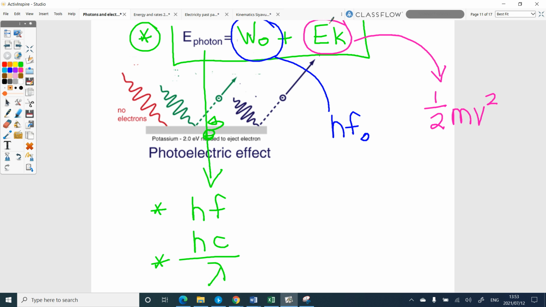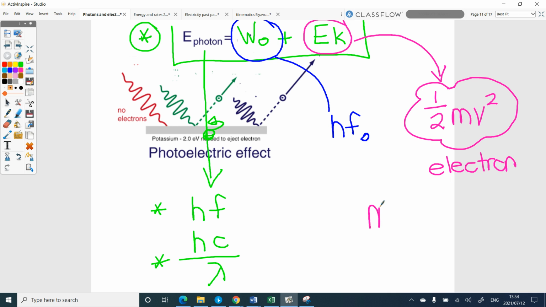No, if you want the kinetic energy, you're just going to use the same equation we've been using since grade 9, half mv squared. And the only thing that you need to remember is that this is for an electron. So they're not going to give you the mass of the electron. You need to go and find the mass of the electron, and it's on your information sheet. Please go and find it for me on your information sheet, James, and tell me what the mass of an electron is.